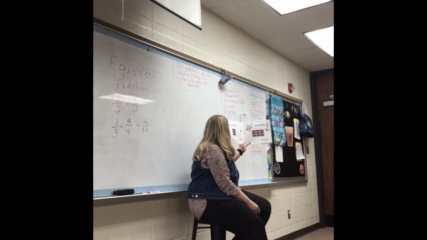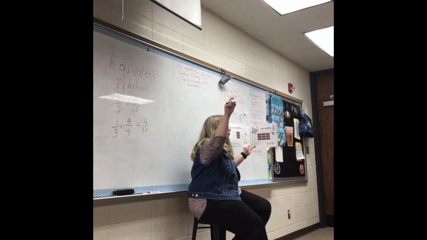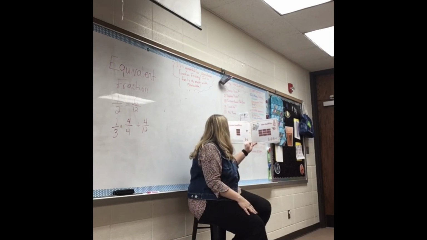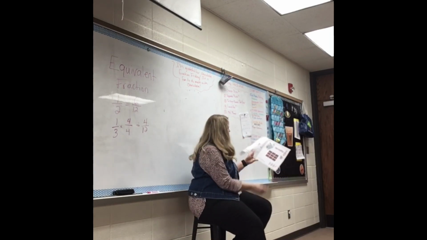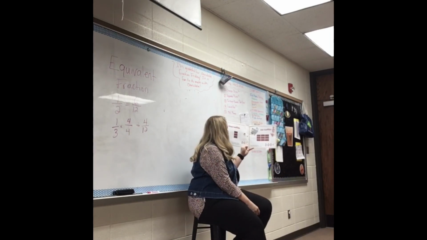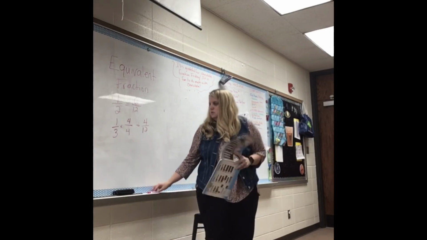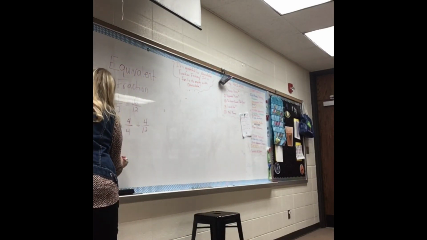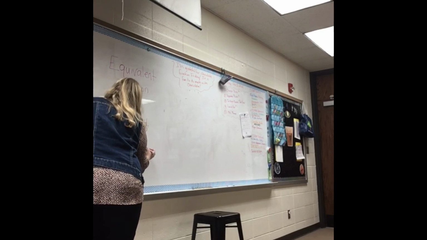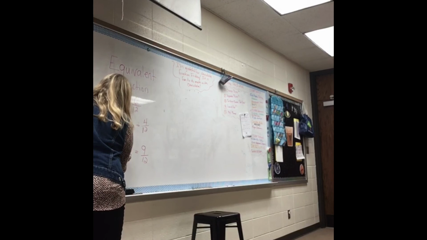Did you know that the top number of a fraction is called the numerator? And the bottom of the fraction is called the denominator. Let's explain it another way. 3/4 is equal to 9 12s, and I have to multiply the top and the bottom by the same thing.